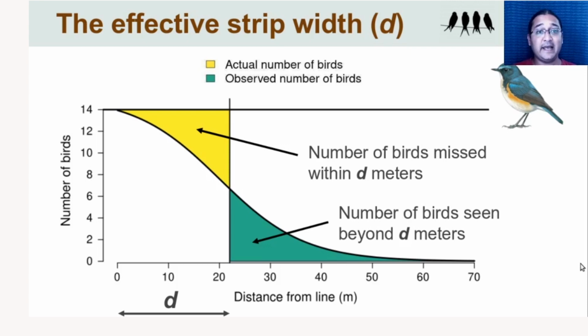In other words, the area of the yellow polygon is the same as the area of the green polygon. So if you took the green and folded it up onto the yellow, replacing the yellow part with the green part, because the areas are the same, then in effect, not really, but in effect, within 22 meters all of the birds have been detected.